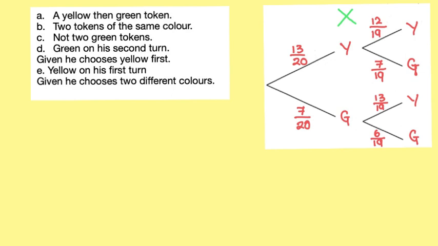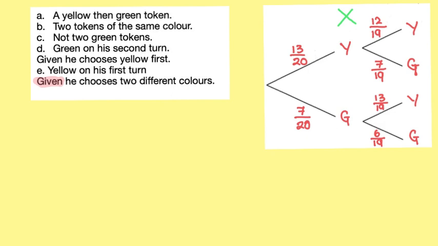Part E. Yellow on his first turn, given he chooses 2 different colours. This is actually the hardest of the lot, and because it has "given" in the question, I know it is conditional probability.